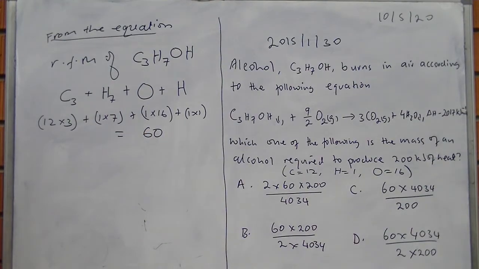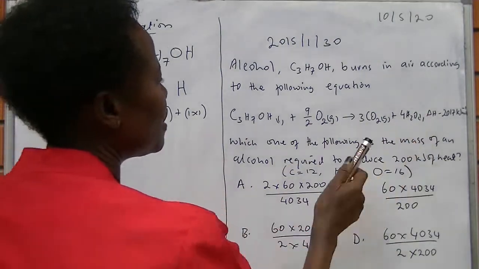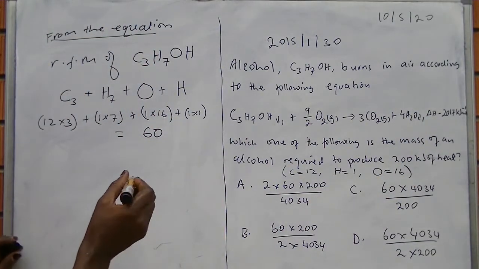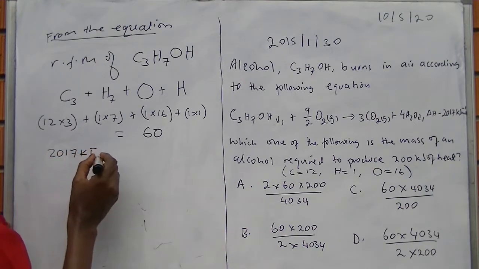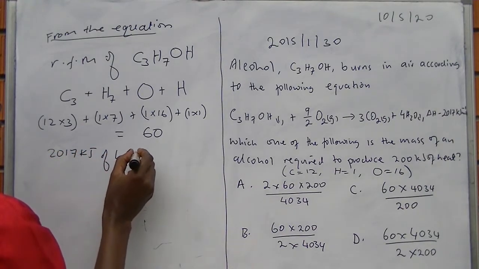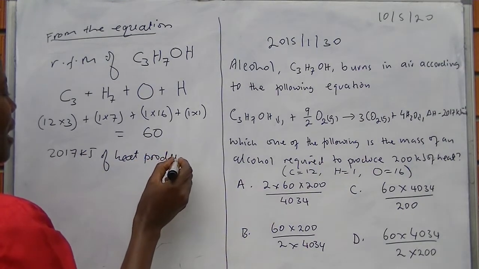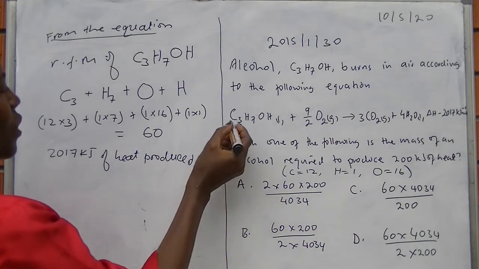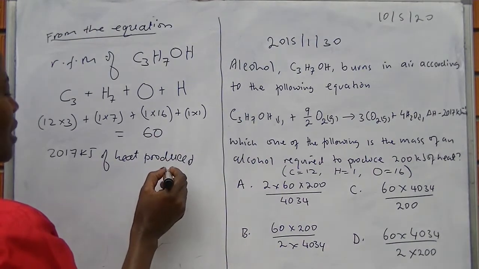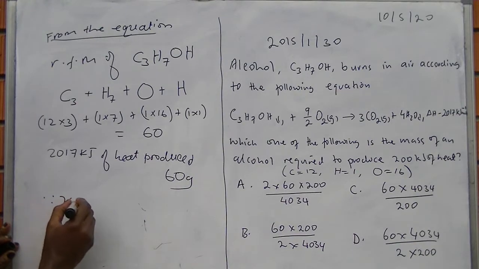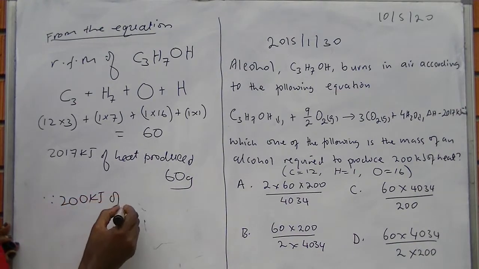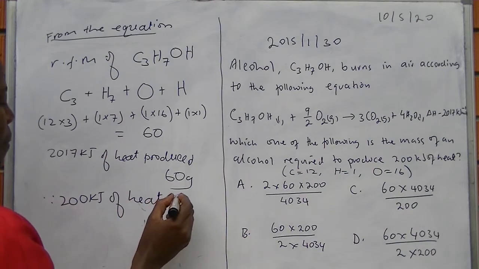Having obtained the molecular mass of the alcohol, we go back to the equation. We are told each mole produces 2,017 kilojoules. So 2,017 kilojoules of heat was produced by 1 mole, but each mole is 60 grams. What about 200 kilojoules of heat?